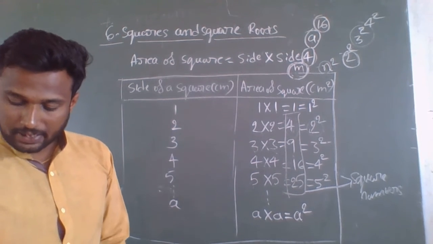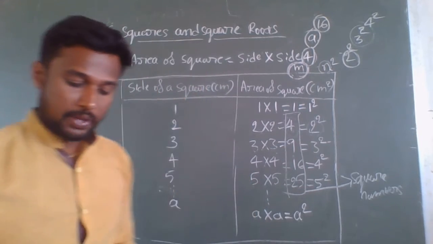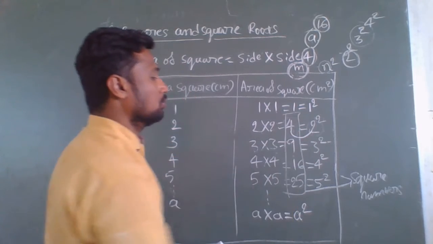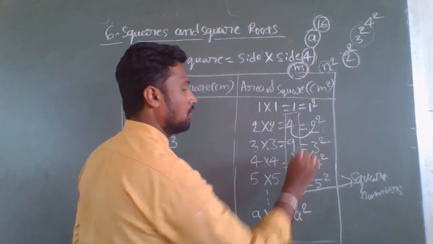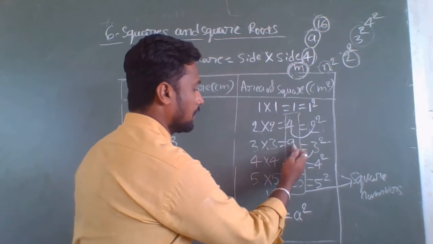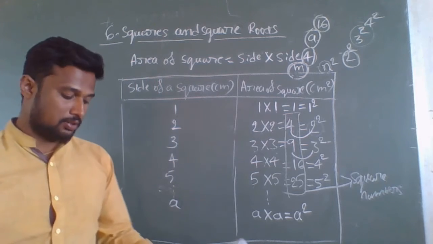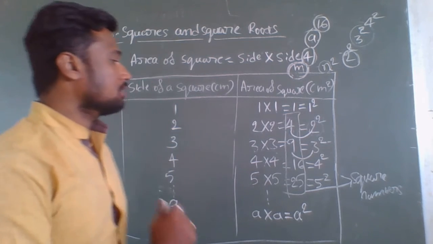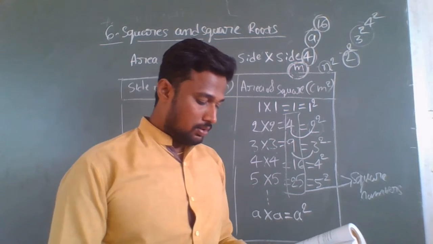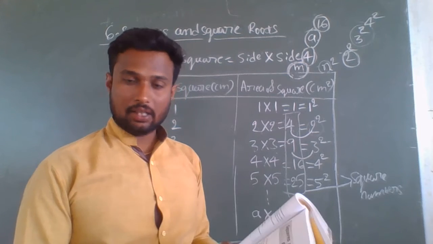Before that, write what they have given below: 4 can be expressed in the form of 2 square, 9 can be expressed in the form of 3 square. All such numbers 4, 9, 16 and 25 are called square numbers. And below this they have given the general definition in the next paragraph, page number 89 only.